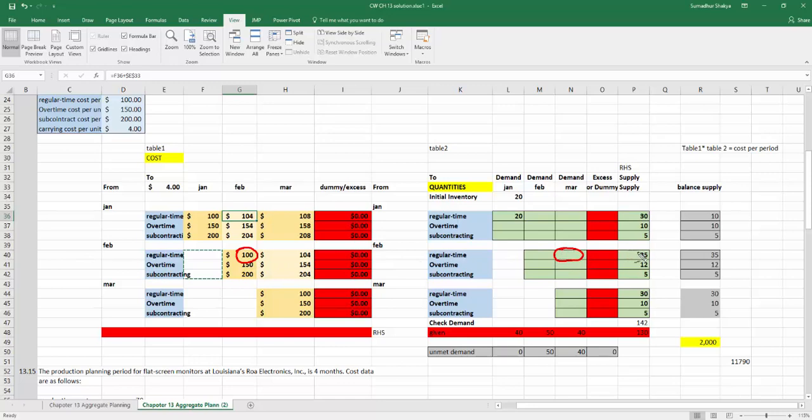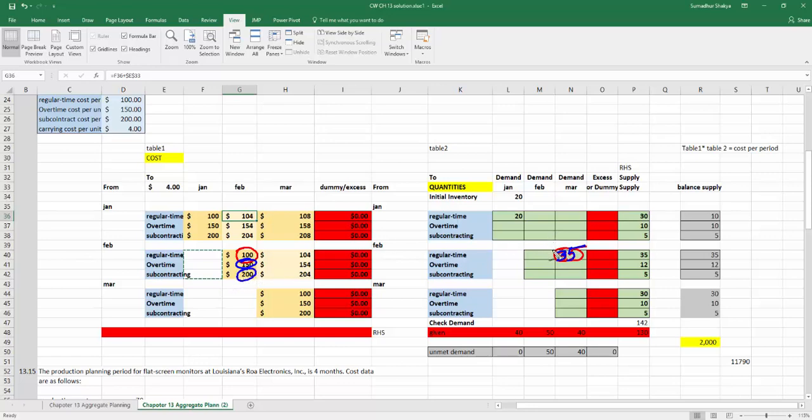However, the maximum possible is 35, because that's our capacity. Now the next option is 150 for the overtime or 200 for the subcontracting.